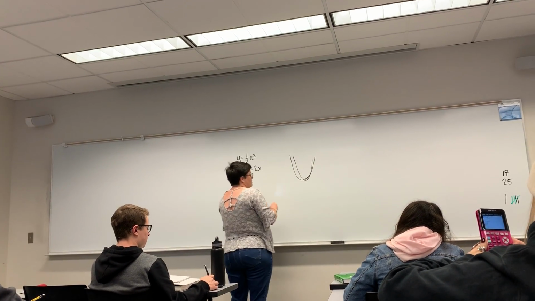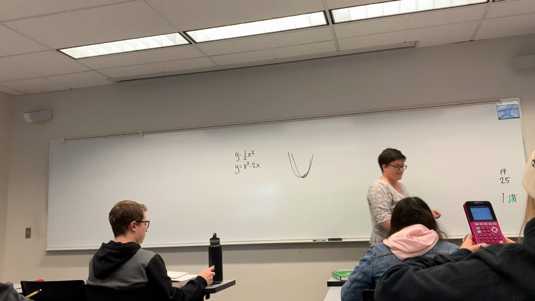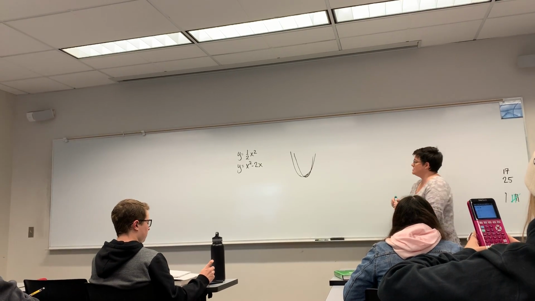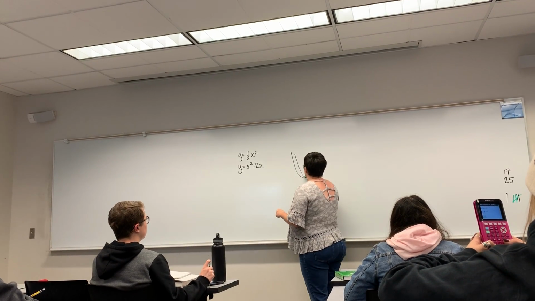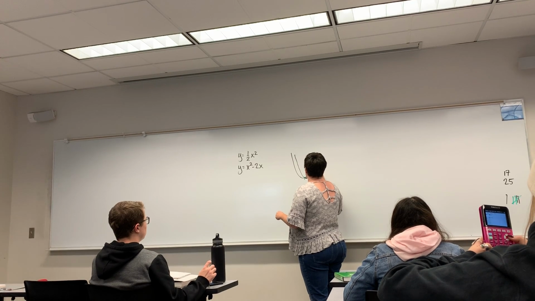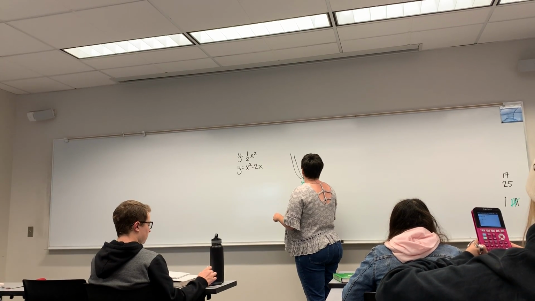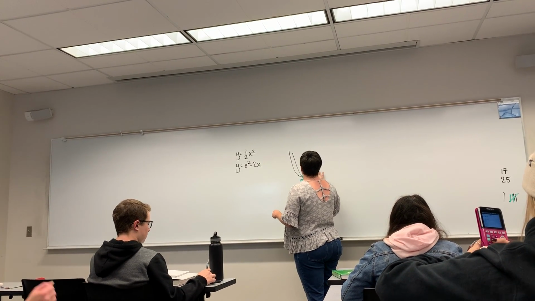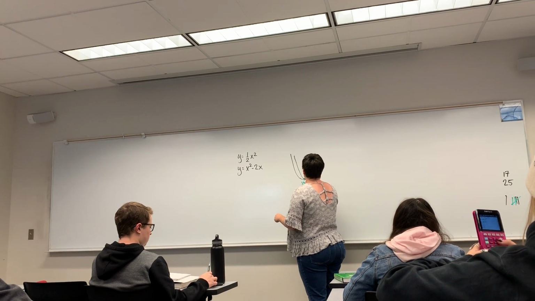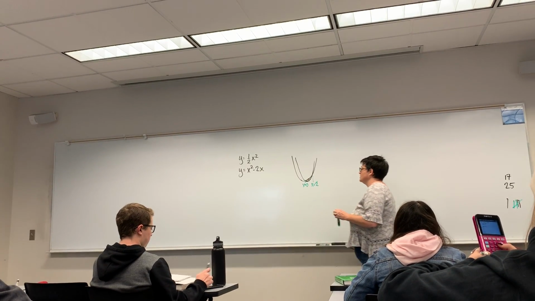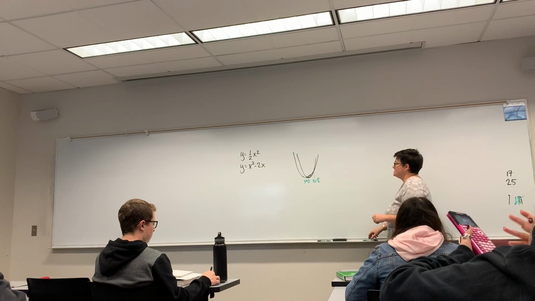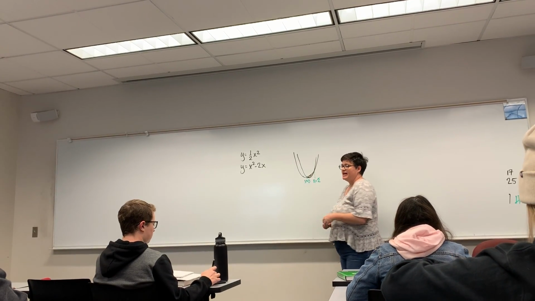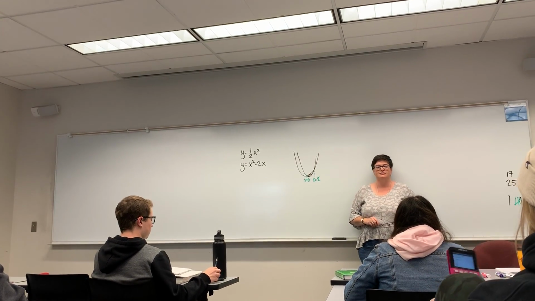How did you guys figure out what your intersections are? What x is that and what x is that? Good. 0 and 4. Okay, so once you find those intersections, is anybody having trouble with the calculator finding intersections?